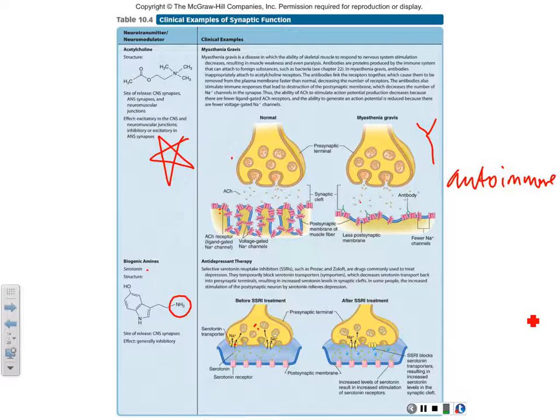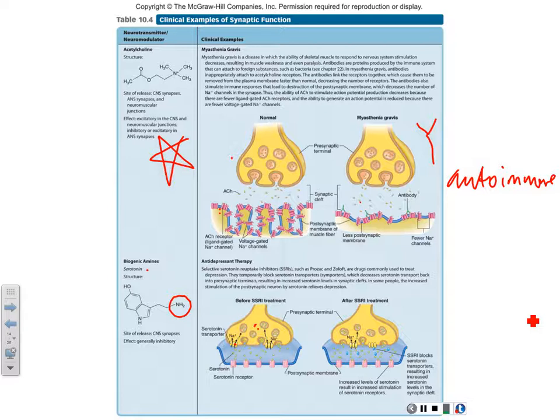So you see, you can have a neurotransmitter that has inhibitory function and still causes a positive result. And you can have a neurotransmitter like acetylcholine that excites and also causes a positive result. You see what I'm saying? So serotonin happens to inhibit some of that mental activity that will cause you to be depressed.